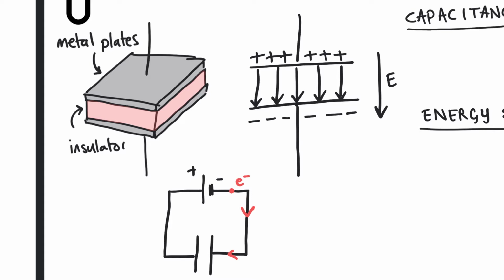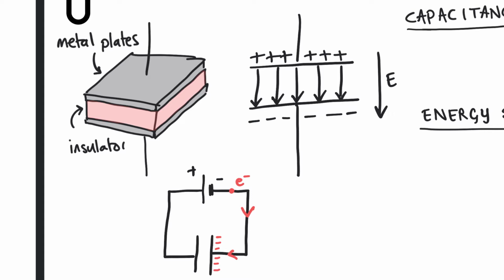Now remember that this plate is separated from the second by an insulator, so the electrons can't travel across. What happens here then is that they gather on this plate. It has an excess of electrons, which means it's negatively charged.